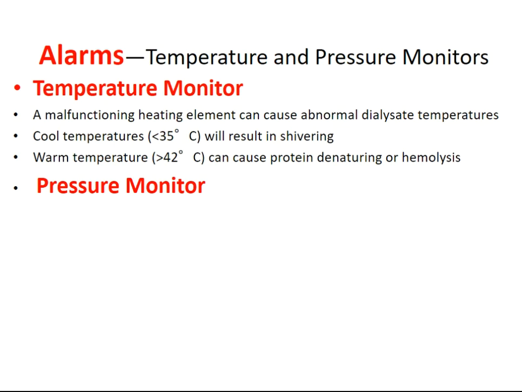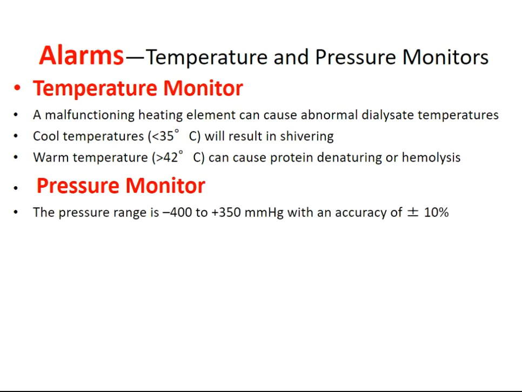The pressure monitor. The range is from negative 400 to positive 350 millimeters of mercury. Alarm limits are set at plus or minus 10% of the pressure setting.